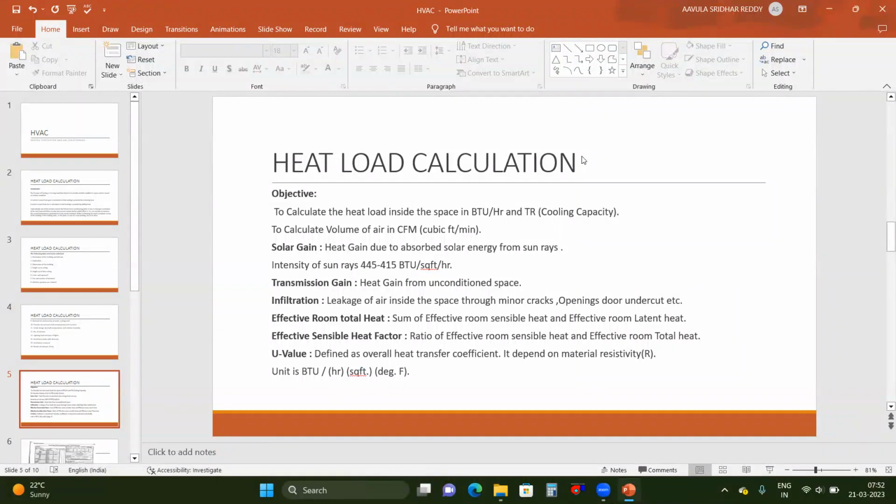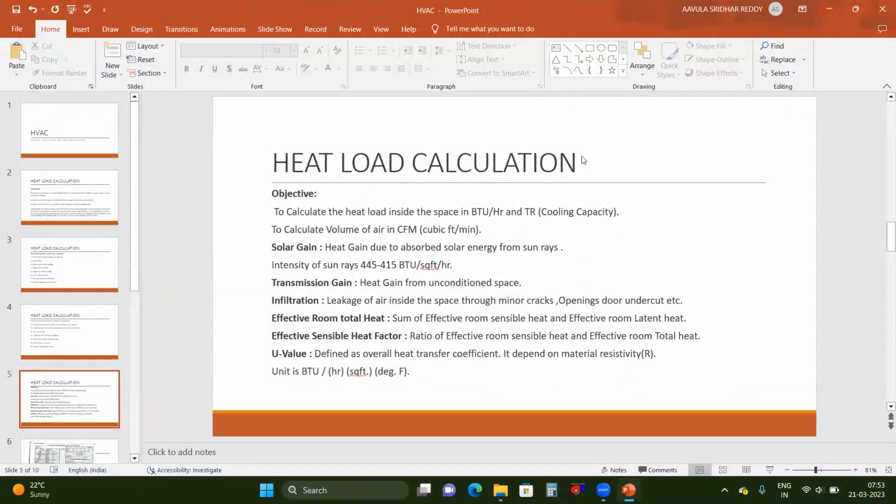The objective of this heat load is to calculate the heat load inside the space in BTU per hour and TR cooling capacity. The main objective of this heat load calculation is to derive the tonnage inside the room. We already discussed that when we do the heat load calculation, we will get two values.